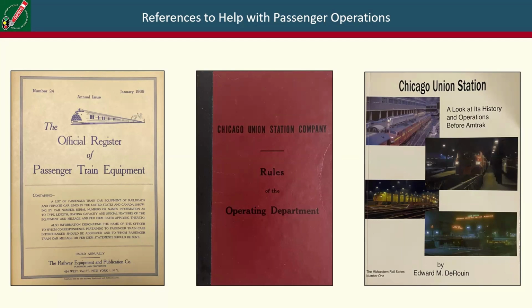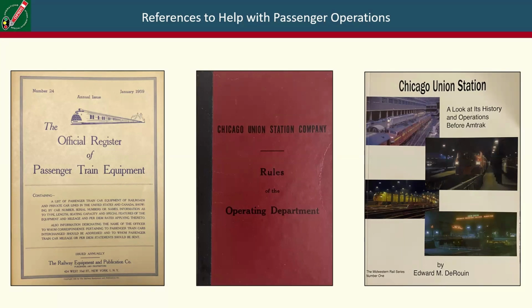And on the right, if you model a large enough station or a popular station, there could be books written about that station itself. Ed DeRouin wrote a very good book on Chicago Union Station, its history, and how the operations were there. He also includes diagrams of the yards and a lot of passenger consists for the trains that went there.